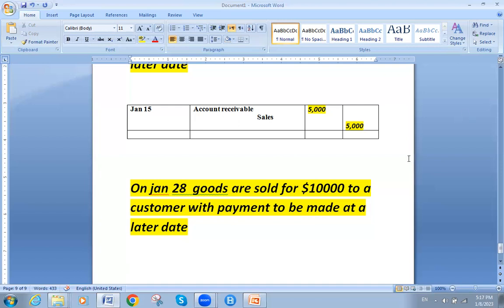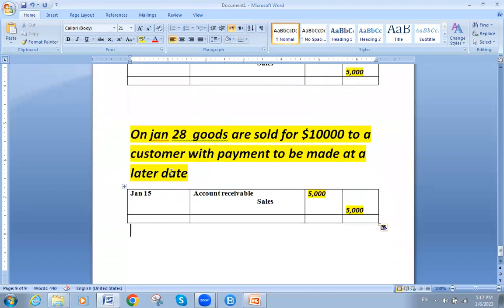Okay. So here the time is more than enough. Only you will change the date. Let's take this table here, and I will put it here. So I'm solving this question now. It will be Jan 28, and the amount is 10,000 instead of 5,000. So this will be 10, and this will be 10.